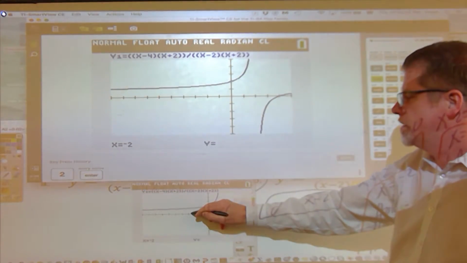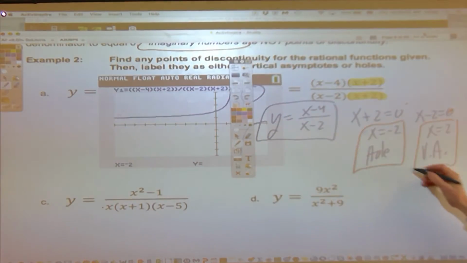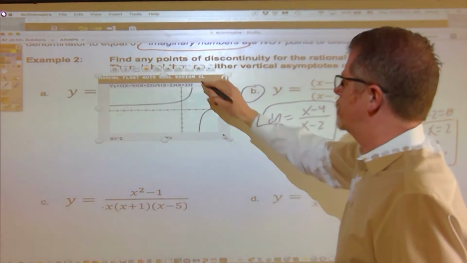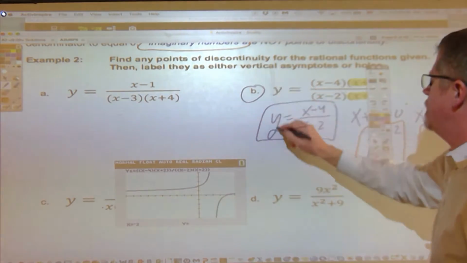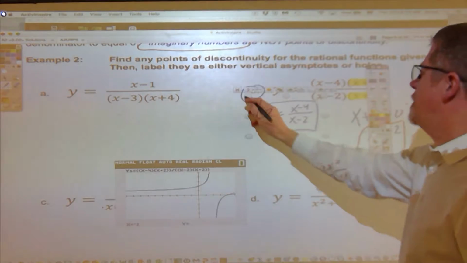So I'm just going to pull this into our document, just to quickly summarize how the calculator really does agree with the work that we did with paper and pencil.